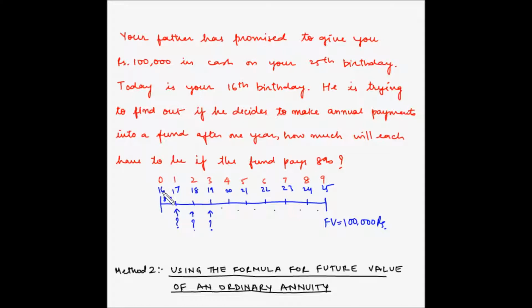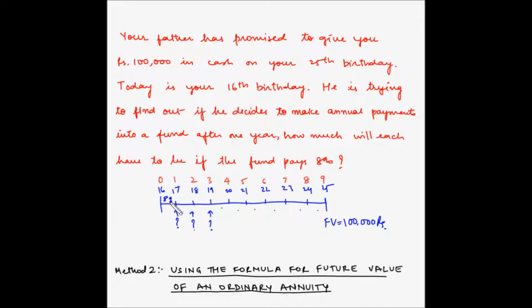So if we consider the 16th birthday as year 0, 17th birthday as the completion of 1 year, 18th birthday as completion of the second year, and so on. And since the payment is being done on the 17th birthday, which is the end of the first year, similarly the second payment will be done at the end of the second year, and so on. So this typically becomes a case of ordinary annuity.